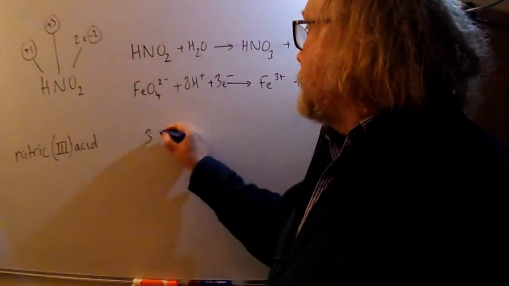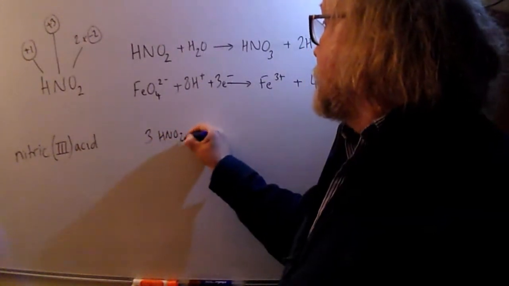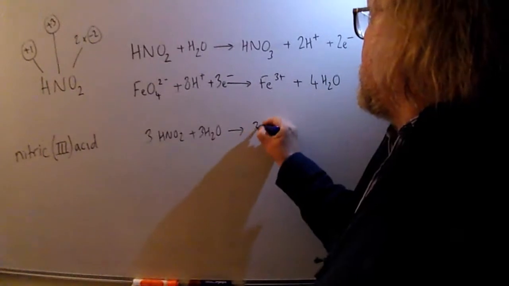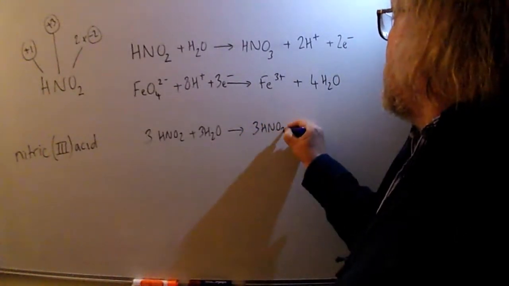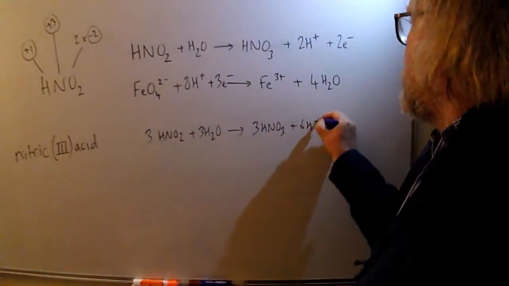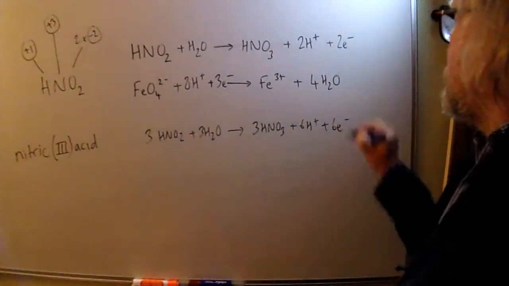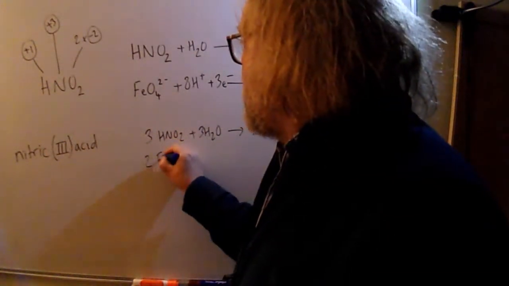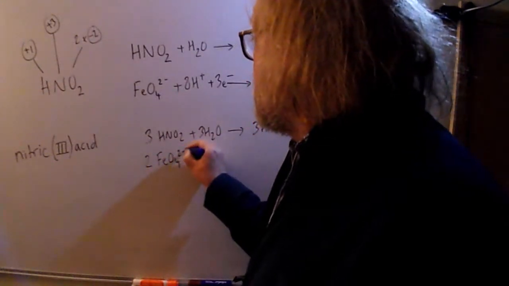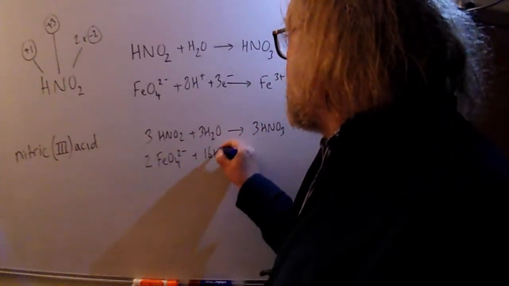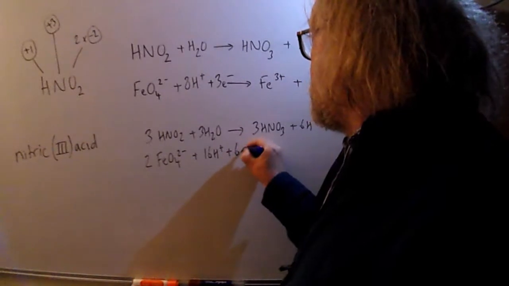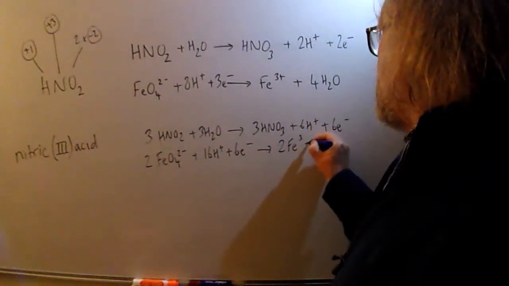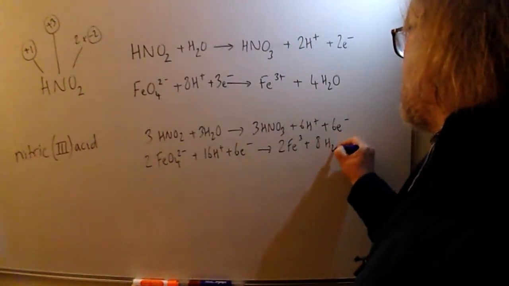So in other words, we're going to get 3HNO2 plus 3H2O goes to 3HNO3 plus 6H+ plus 6 electrons. From the top one and doubling the bottom one, we get 2 FeO4 2- plus 16H+ plus 6 electrons goes to 2 Fe3+ and 8 waters.